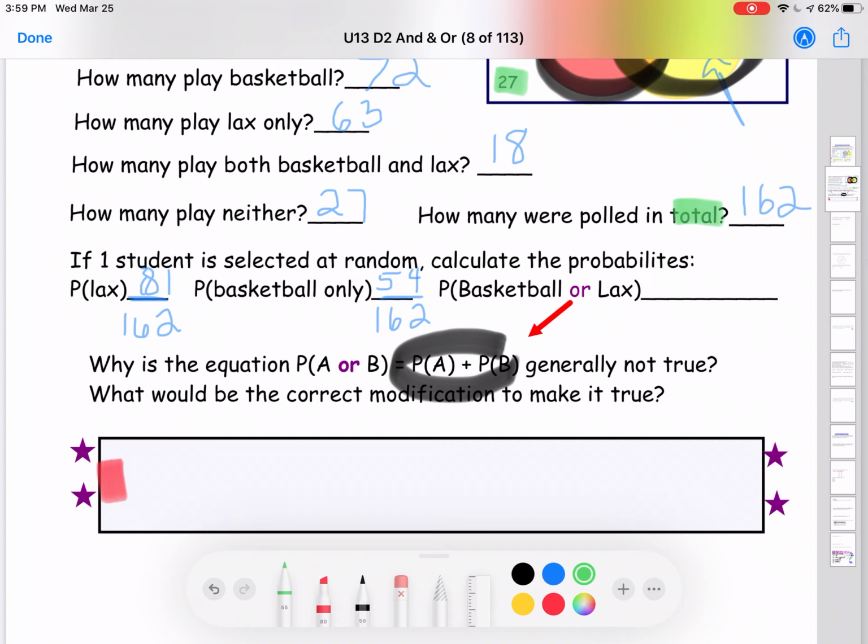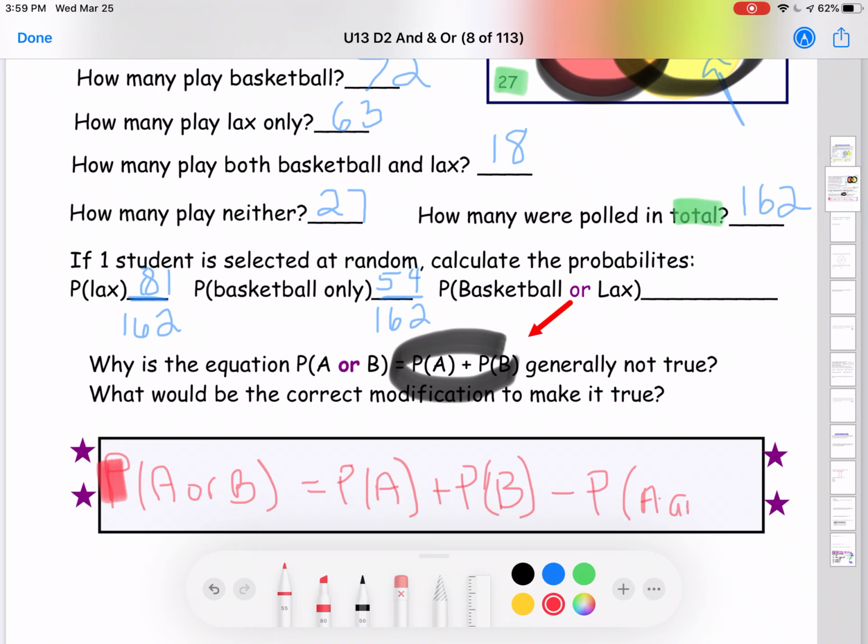The probability of A or B is equal to, you do add up the two probabilities, so the probability of A plus the probability of B, but then you have to subtract off the probability of both, which is A and B.